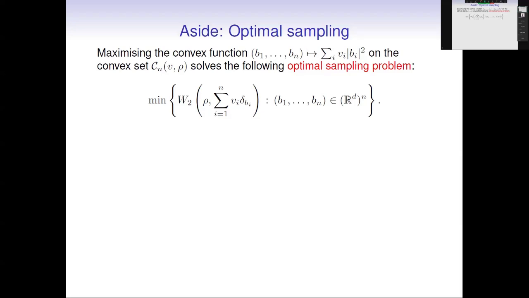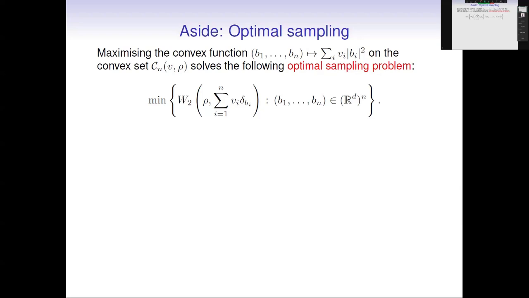For example, if the v_i were all the same, 1 over n, you'd look for the optimal uniform sampler. But in general, you want the best approximation of the absolutely continuous measure by a discrete measure with respect to the two Wasserstein cost. And you can get this by maximizing this quadratic on the convex set.